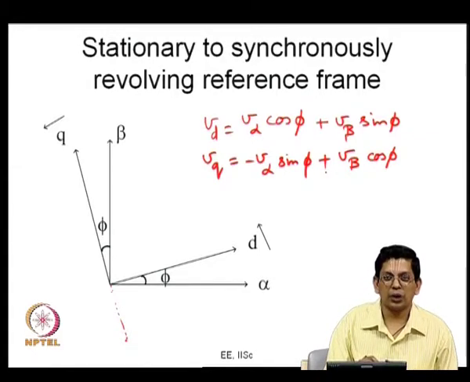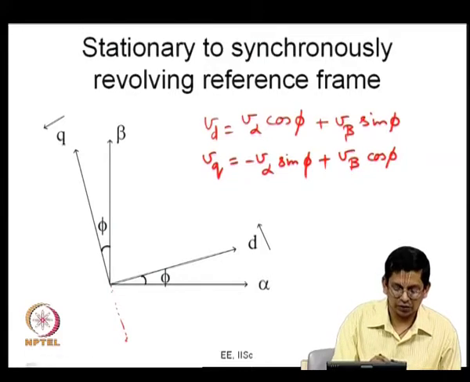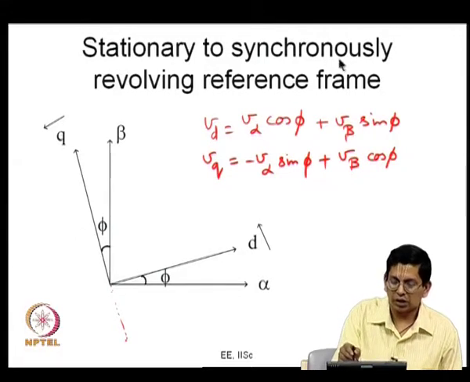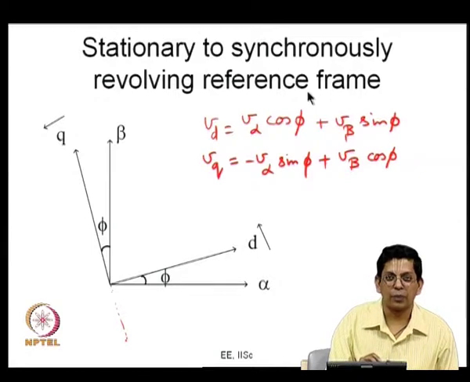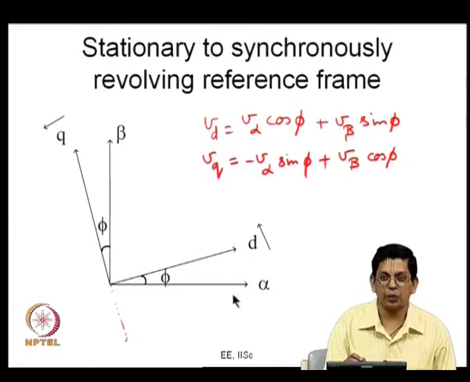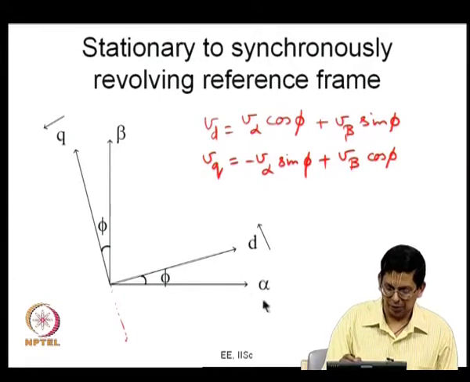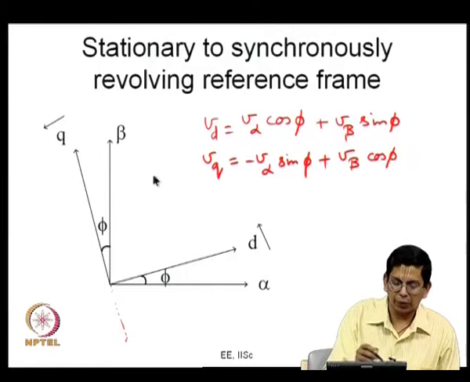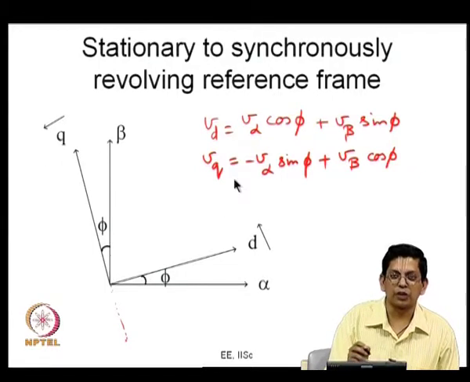So, this is what you can call a transformation from the stationary reference frame to a synchronously revolving DQ reference frame. The 3 phase quantities Vrn, Vyn and Vbn, let us say, have already been transformed into V alpha and V beta. These can be further transformed into Vd and Vq by doing this.